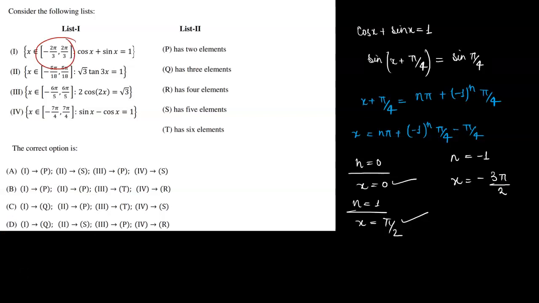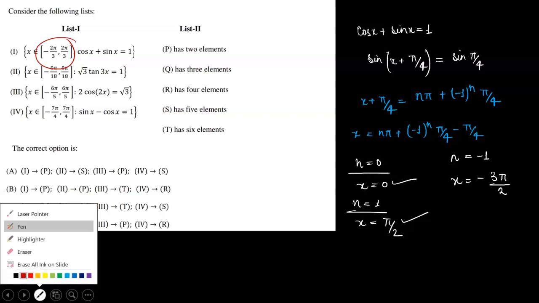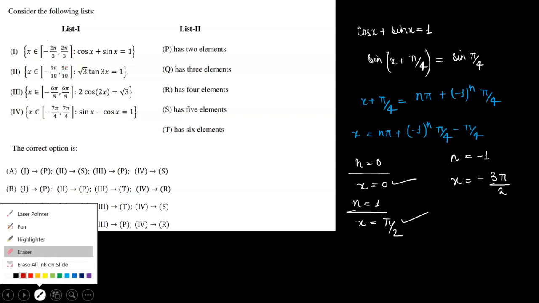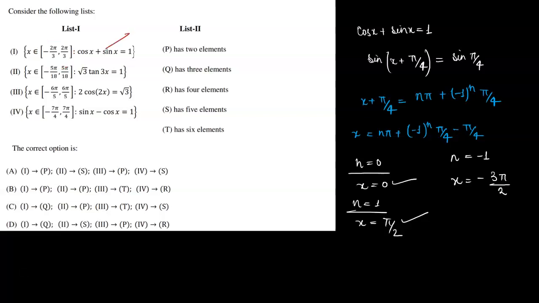So the minus 3 pi by 2 value will lie outside this interval. So we will have only two elements for this list.